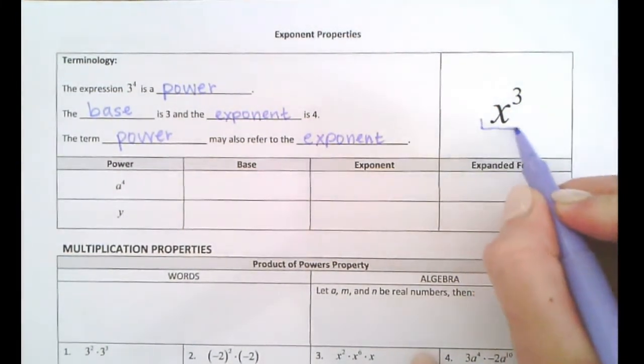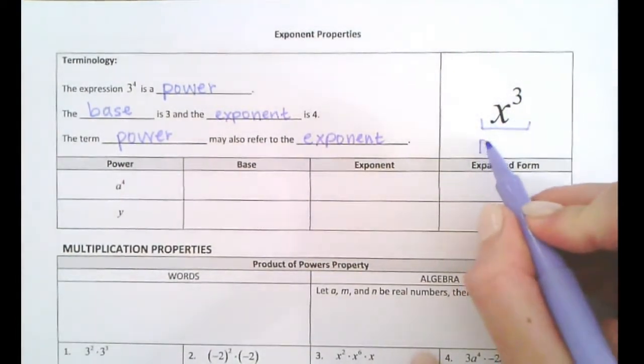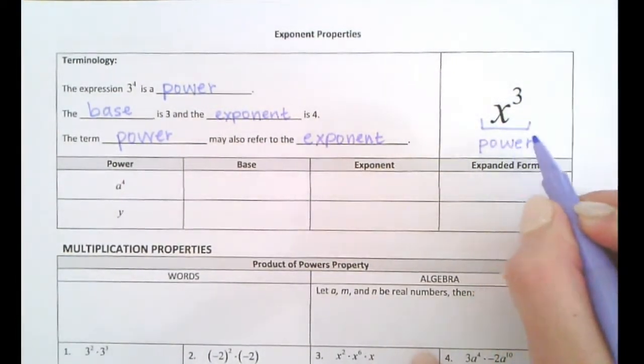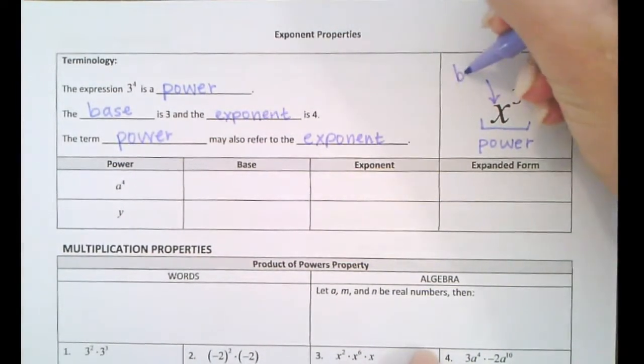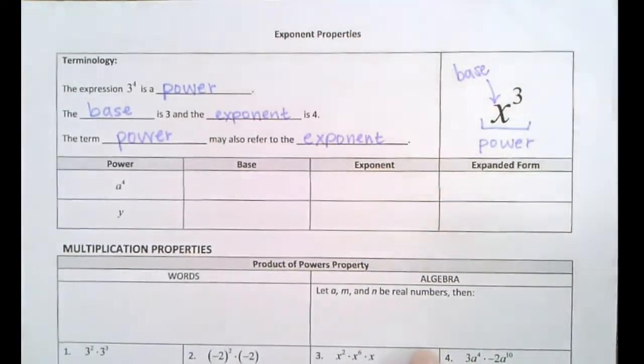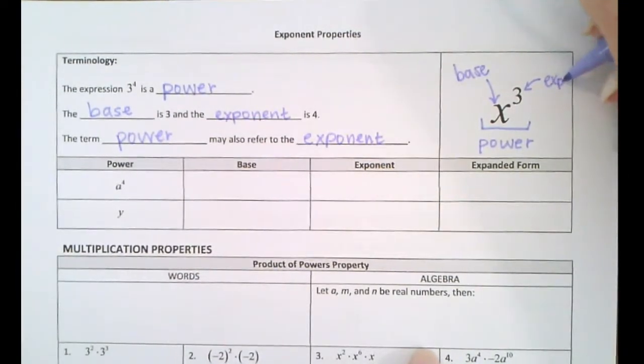In general, if you have some number raised to a power, this whole thing is called a power. The x is your base, and the 3 is your exponent.